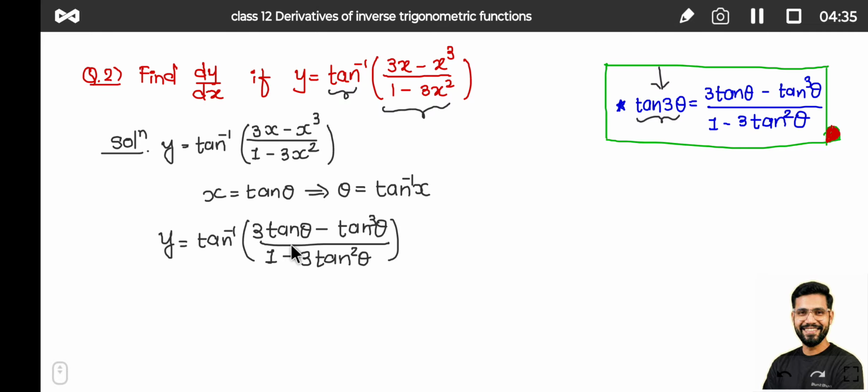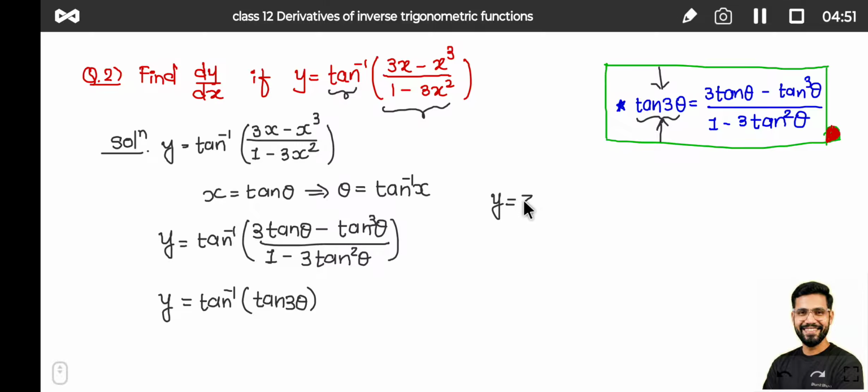Now whatever is inside the bracket is the formula of tan 3 theta. We put tan inverse outside, and inside is nothing but the formula of tan 3 theta. So tan inverse and tan get cancelled, and y is equal to 3 theta. The value of theta is nothing but tan inverse of x, so y is equal to 3 into tan inverse of x.